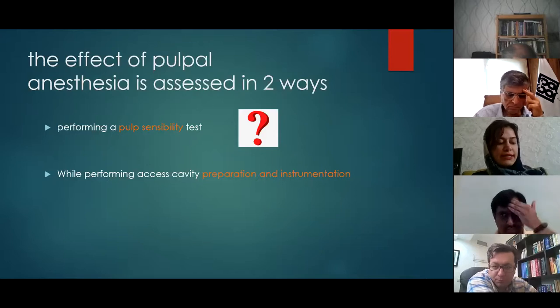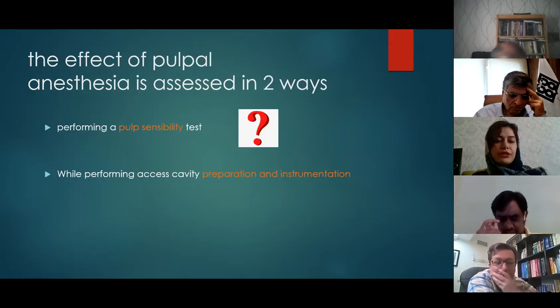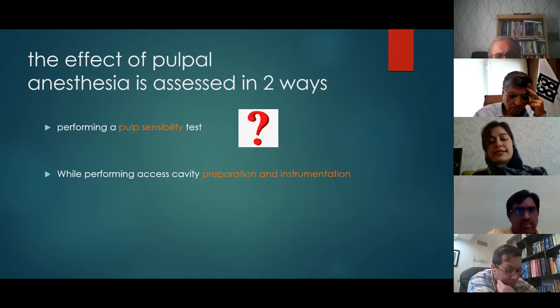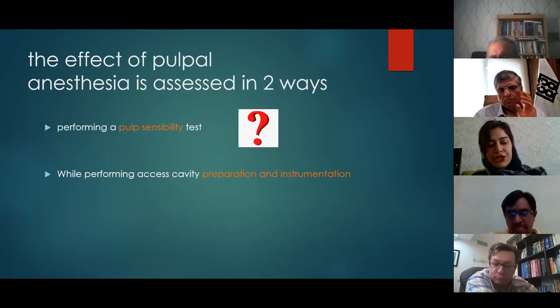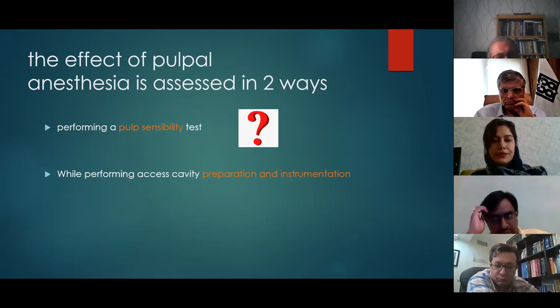Studies have shown that the first way might not be reliable because about half of the patients with a negative response to pulp sensibility test experienced pain during access cavity preparation. And this is mentioned in this article, that studies which evaluated pulpal anesthesia while performing access cavity preparation are included in the study.